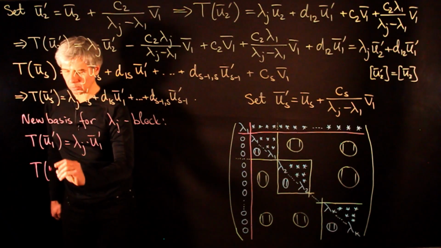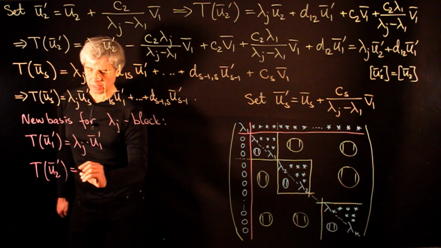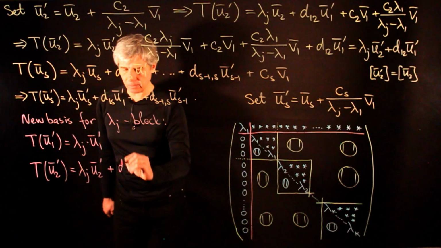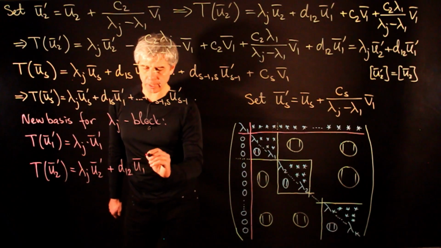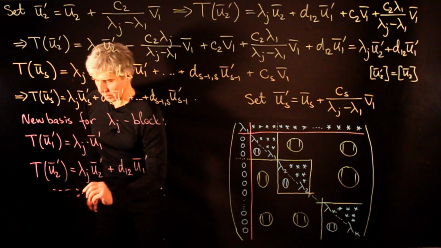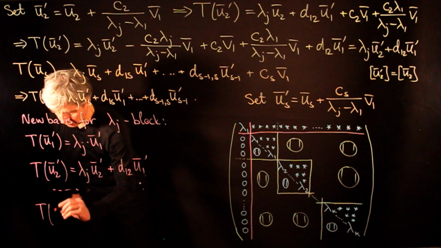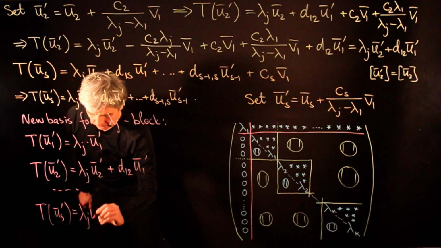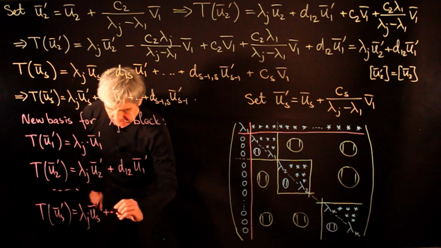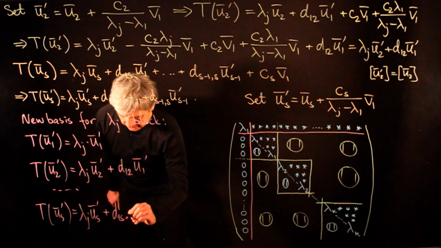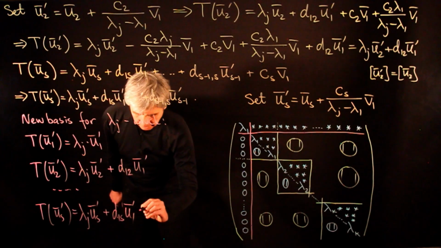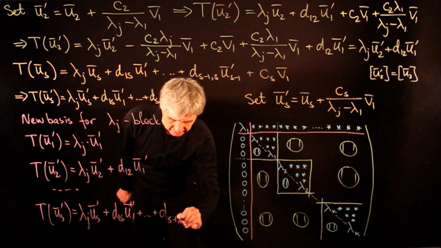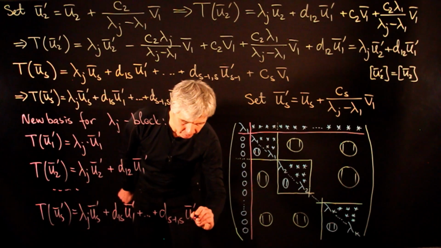T acting on u2 prime is lambda j times u2 prime plus d12 times u1 prime, and so on. T acting on us prime is lambda j times us prime plus d1s u1 prime plus d(s-1)s u(s-1) prime.